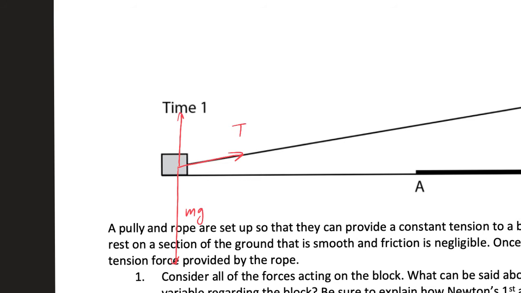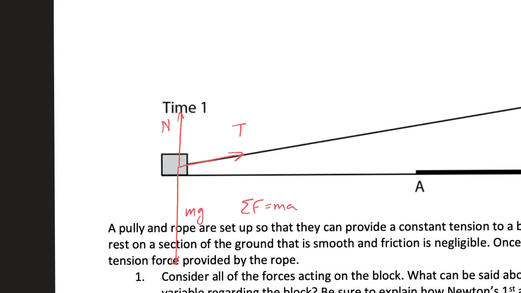And there's going to be a normal force that is slightly less than a weight in this direction. There's no friction in this section, so there wouldn't be any other force. These appear unbalanced to me. And since they appear unbalanced to me, I would suspect that the system is going to obey Newton's second law and will accelerate to the right.